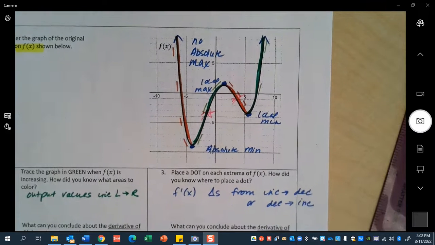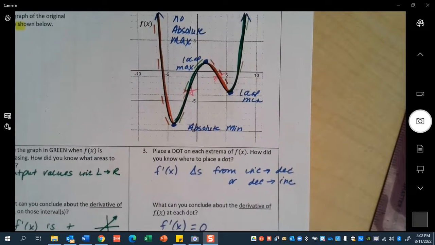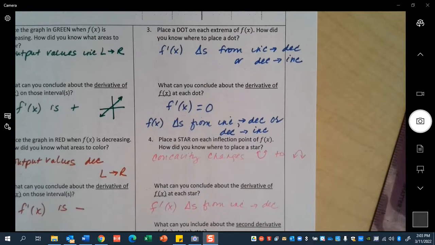Then let's talk about where we change from increasing to decreasing or vice versa. How do you know where to put these dots if you're looking at your extrema? I'm putting a dot where my graph changes from increasing to decreasing or decreasing to increasing, but that's also where my derivative passes through 0.